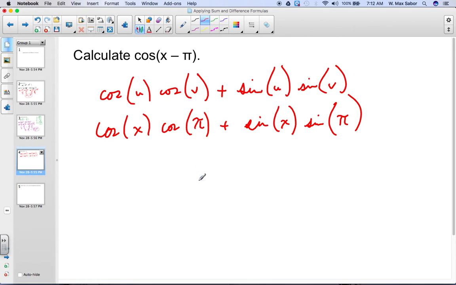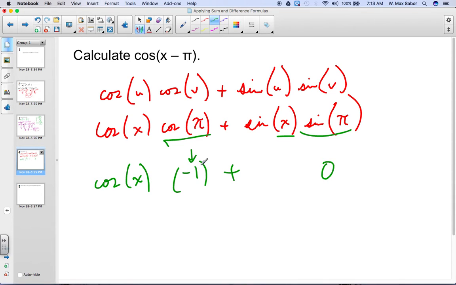Now, let's see. We don't know what cosine of x or sine of x is, but we know what cosine of pi is. Cosine of pi is negative 1. Sine of pi is 0. So this whole second term is going to become 0. And this will be cosine of x times negative 1 plus, I'm going to write it out anyway, sine of x times 0.